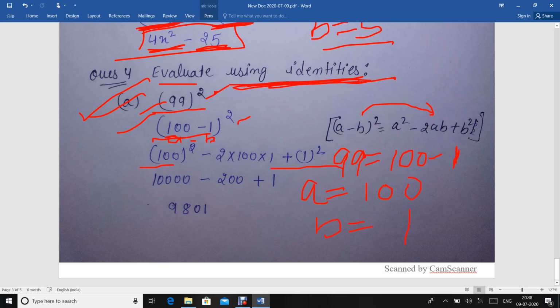So put all the values. a square means 100 square, minus 2ab means 2 multiplied by 100 multiplied by 1, plus b square means 1 square. When you multiply 100 by 100 you get 10,000, minus 2 multiplied by 100 multiplied by 1 is 200, and 1 square is 1. When you solve this you will get 9,801 as your answer.